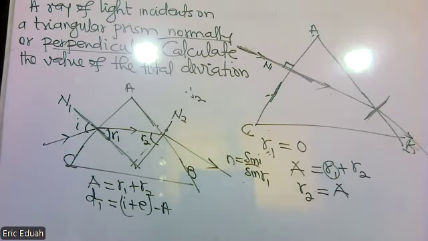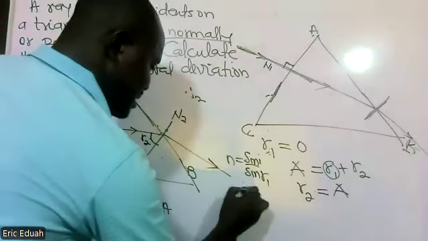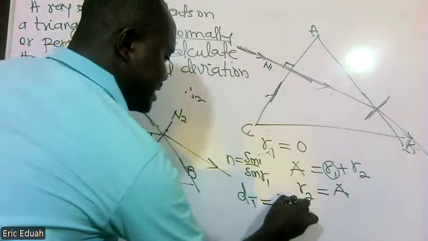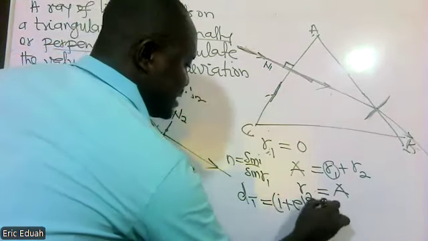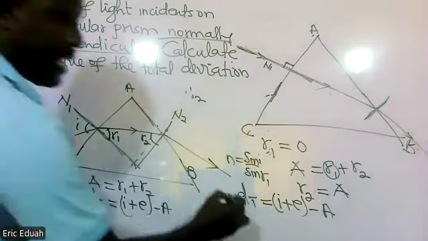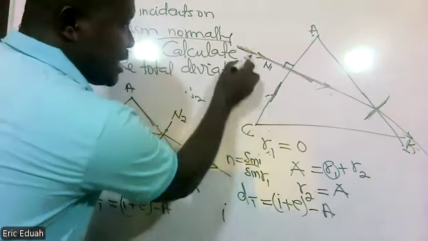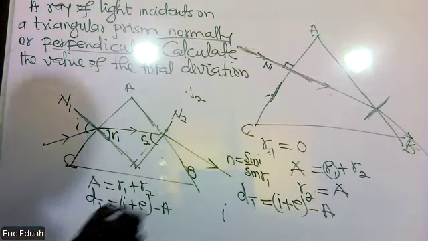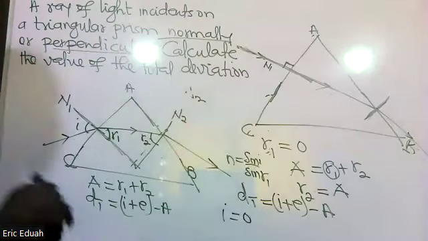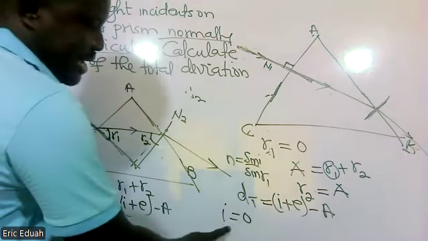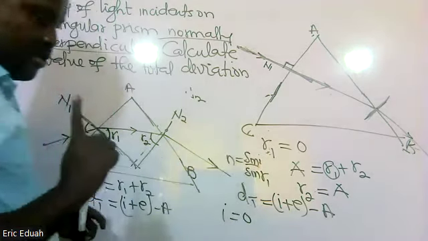Yes. Okay. Now we are calculating for this. We know the total deviation to be equal to I plus E minus A. As for I, because the light is perpendicular to the plane, I is also 0. The angle of incidence is 0, as I said earlier. So I is 0 and R1 will also be 0.